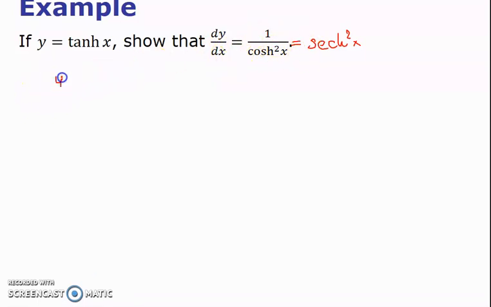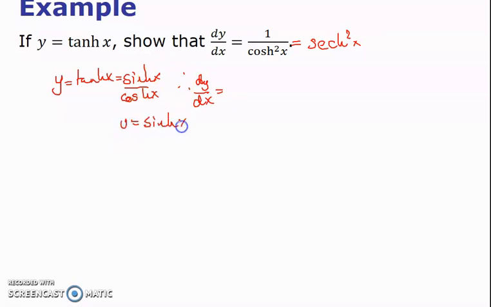Now one way of thinking about this is if y equals tanh x, then it is also equal to sinh over cosh. That's a standard identity that we're meant to know. And therefore I can do this by saying dy by dx. Well, this is like my u is the top one, and I'm going to do the quotient rule on this. And my v is the cosh.